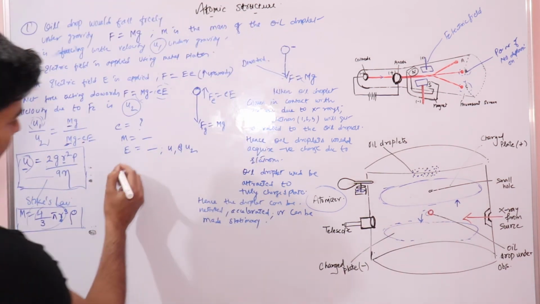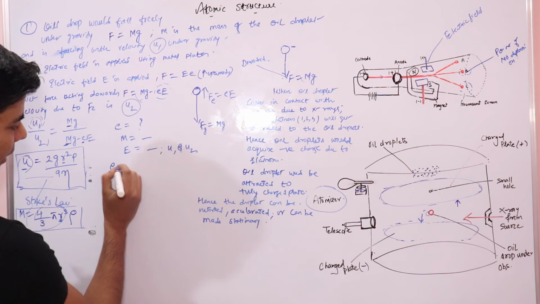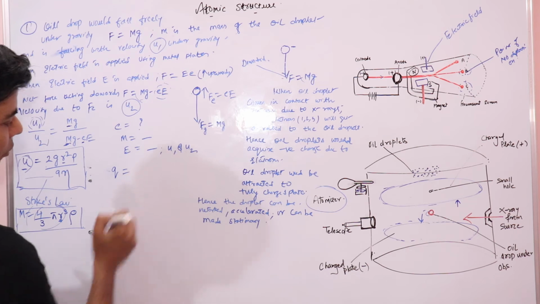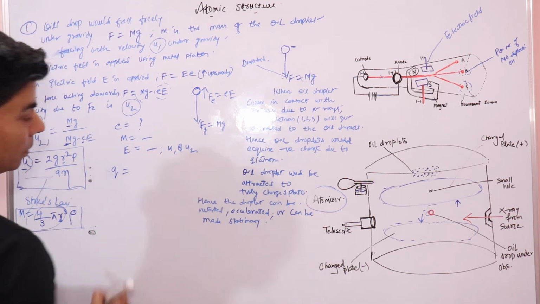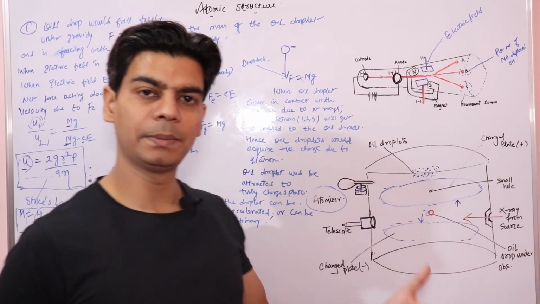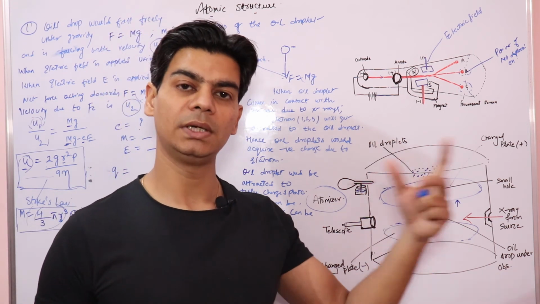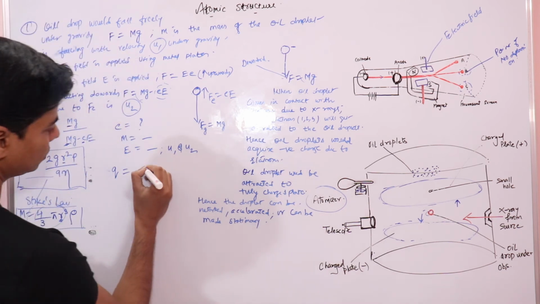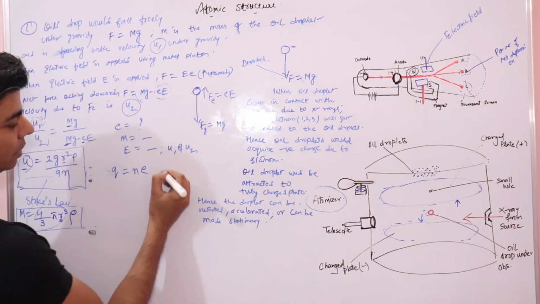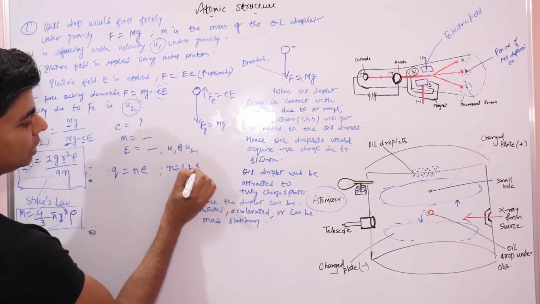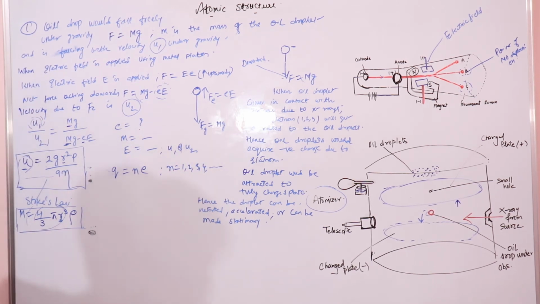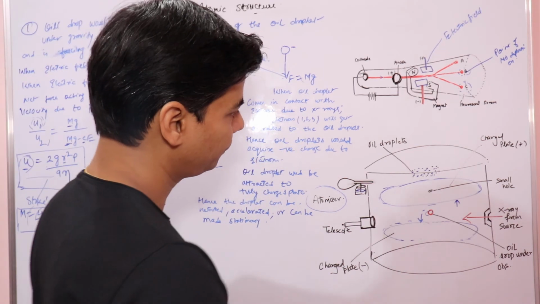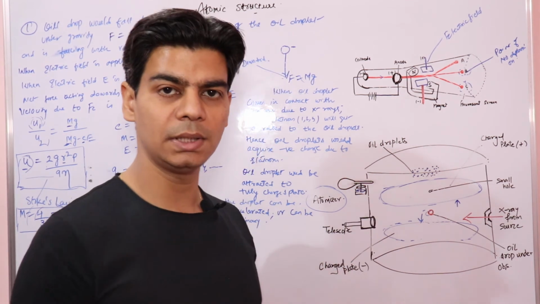And he found that the value of the charge, let's call it Q, is always equal to an integral multiple of the simple charge e, that is n times e, where n equals 1, 2, 3, 4, and so on. Because if you remember, in the beginning I said that this oil droplet can attach 1, 2 or 3 electrons.